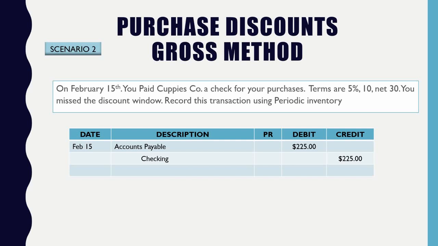So the one thing I'm recognizing if I'm making a payment here is that I pay the full amount. And that's it. Any questions here? In this case, we don't need to recognize the discount because we missed it. All we need to recognize is that I have to pay the full amount.